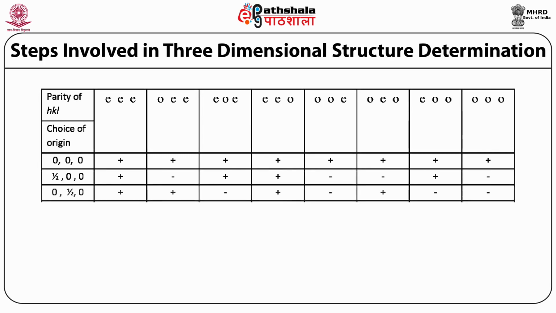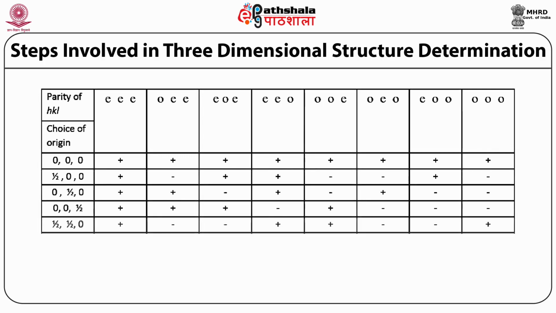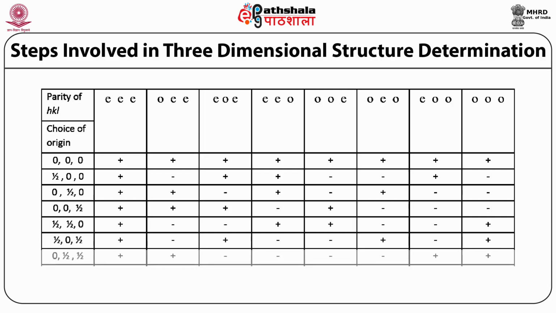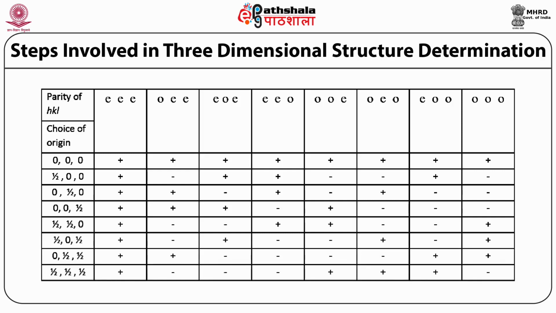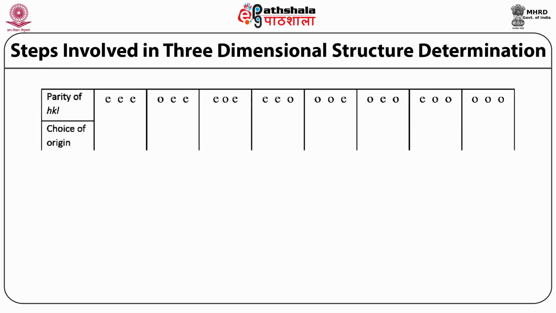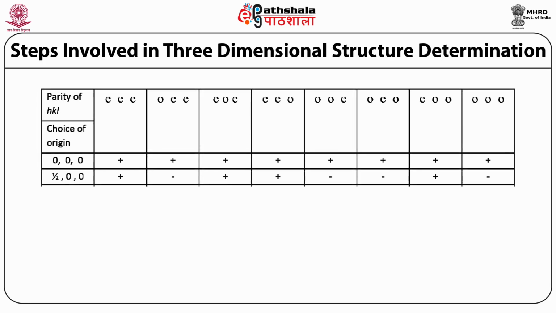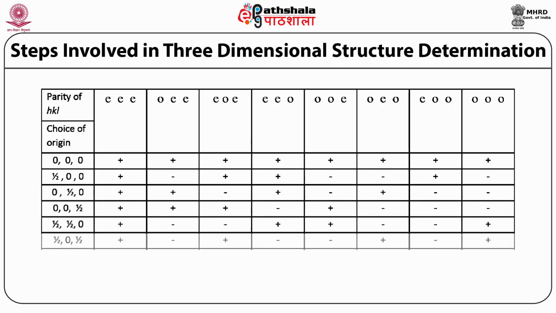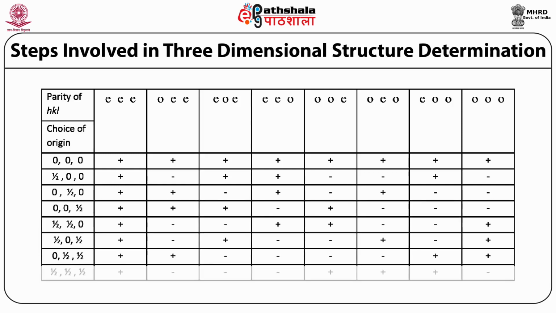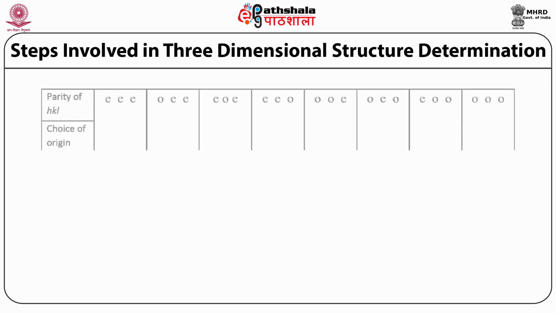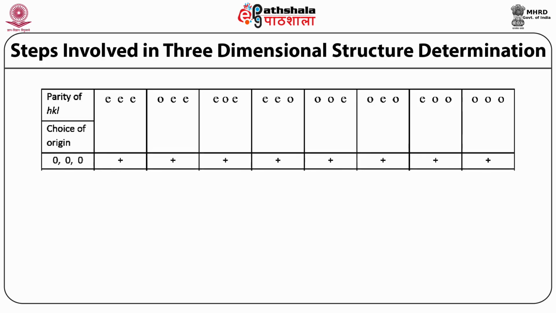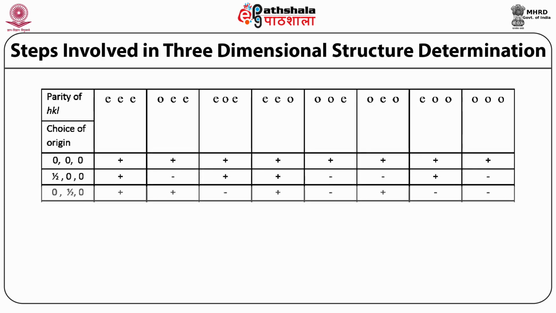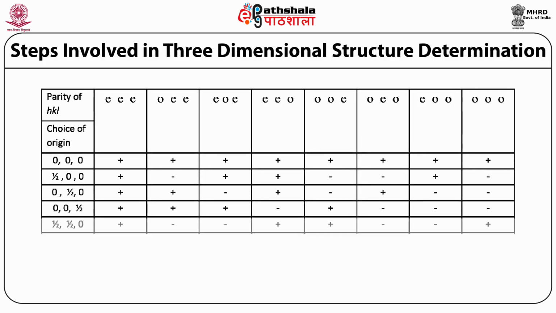Now, if I say I can take origin-defining reflections from even parity, all 3 reflections, there is ambiguity. The sign of the even reflections is positive not only for 0, 0, 0, but for all the other 7 shifts also. In other words, the total number of ambiguities is 8 if we choose all definitions from even parity for origin definition. But you can choose only one reflection from even parity.